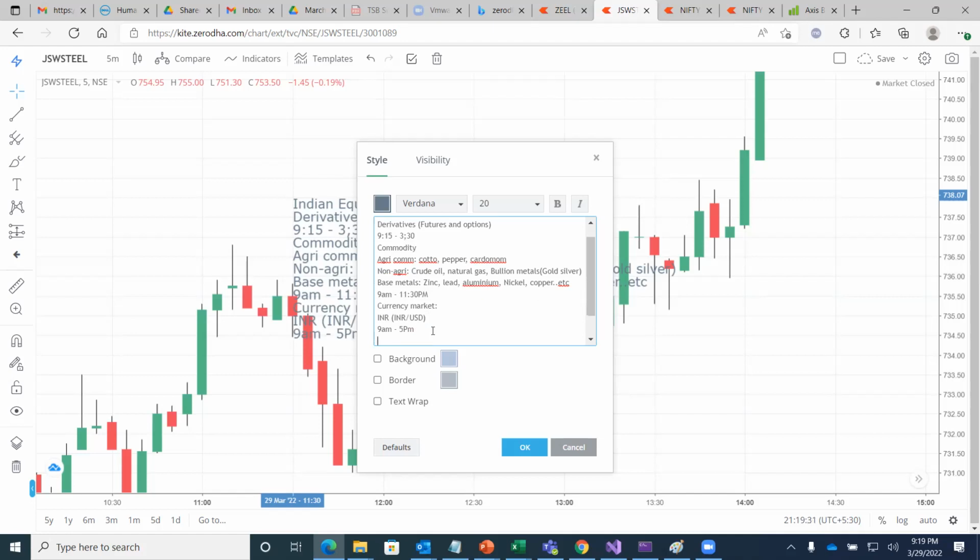Now, what is the next one? Forex. Forex is called illegal in India, which is why the top, premium brokers don't give permission to trade Forex on their platform.